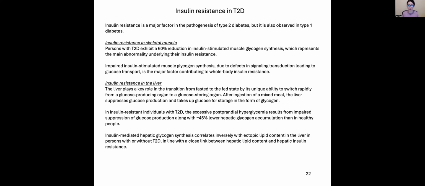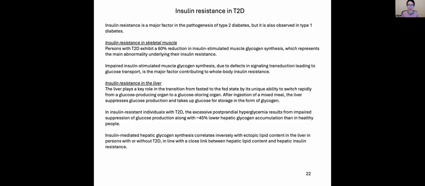But this switch essentially is broken in type 2 diabetic patients. And it is characterized as insulin resistance in the liver. And individuals with insulin resistance and type 2 diabetes show excessive postprandial, so after eating, hyperglycemia. And it's because they are unable to suppress glucose production.